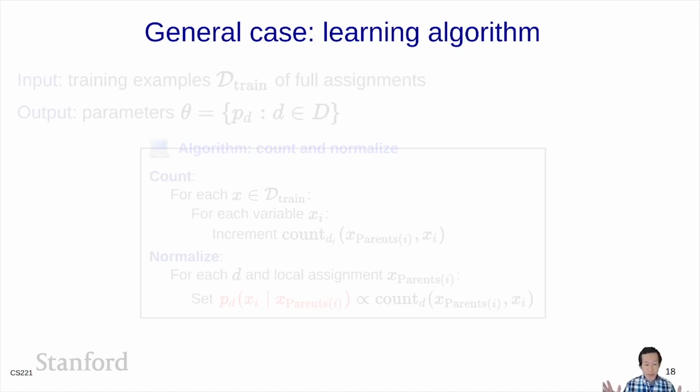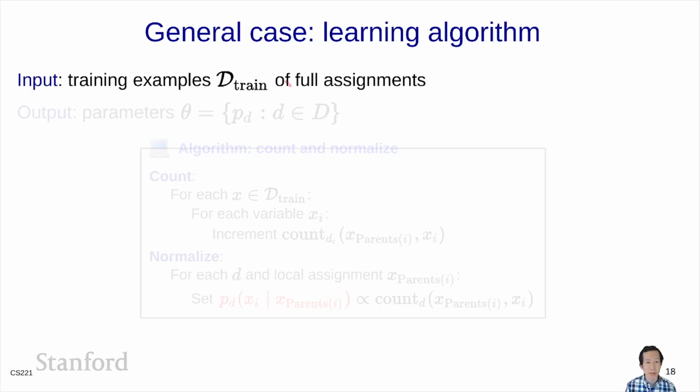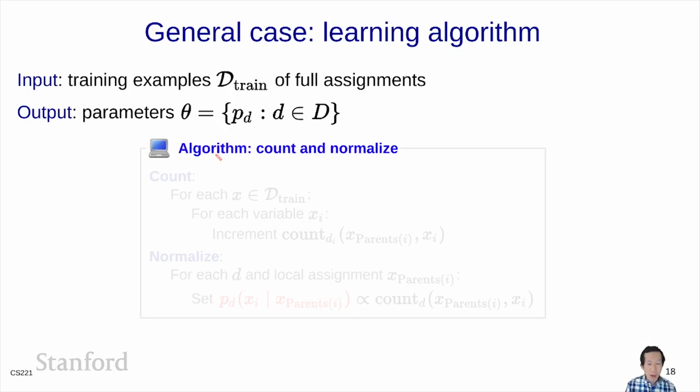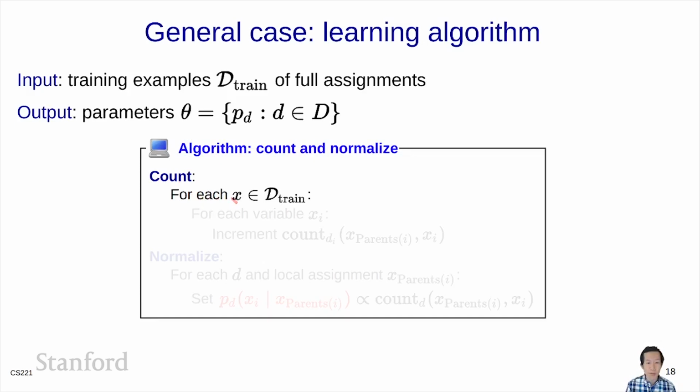Okay, so here is the learning algorithm for general Bayesian networks. The input is a D-train consisting of full assignments to all the variables x1 through xn. The output is going to be all these distributions here. The algorithm is, again, just count and normalize. We go through every training example, which is a full assignment to all the variables. For every variable in the Bayesian network, we increment a counter.